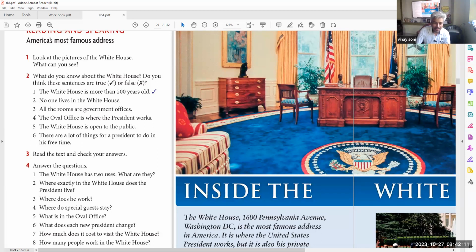And all the rooms are obviously not government offices because the president lives there with his family. So there are some bedrooms, some living rooms, and a kitchen. The Oval Office is where the president works.